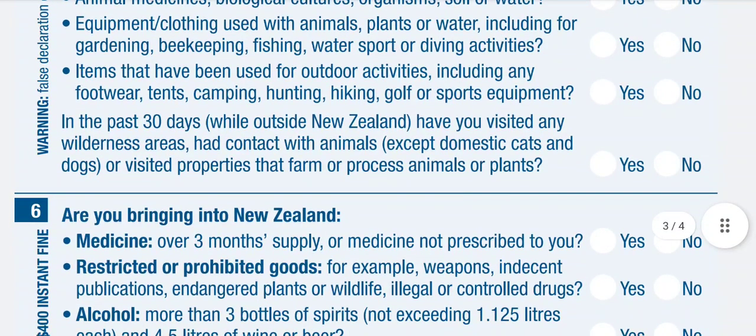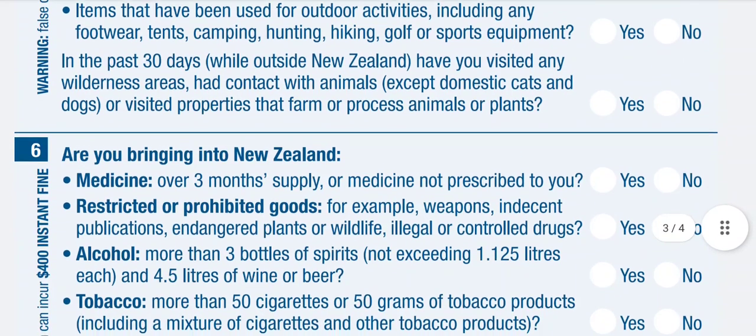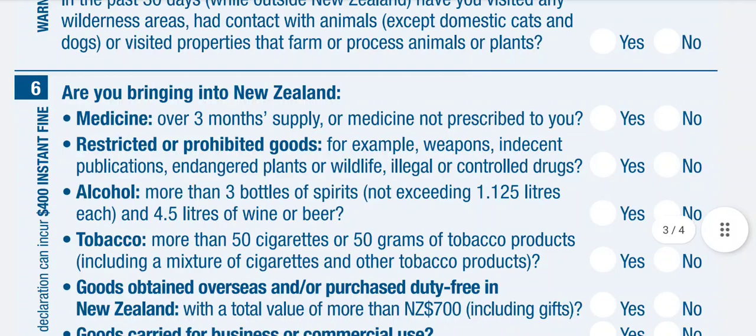In the past 30 days while outside of New Zealand, have you visited any wilderness areas, had contact with animals? Are you bringing into New Zealand medicine over 3 months of supply or medicine not prescribed to you?